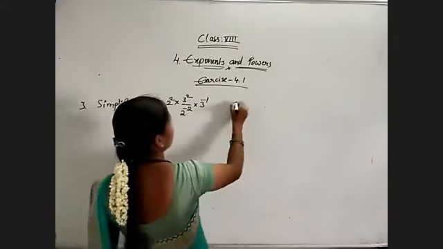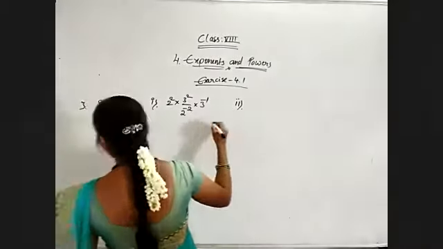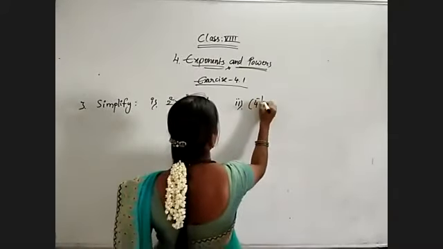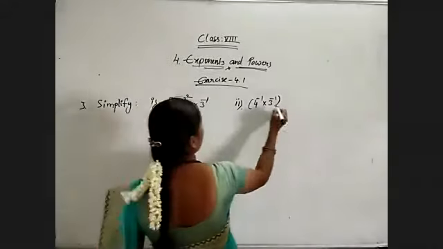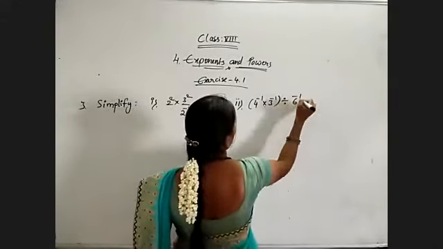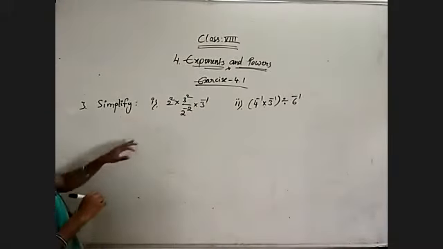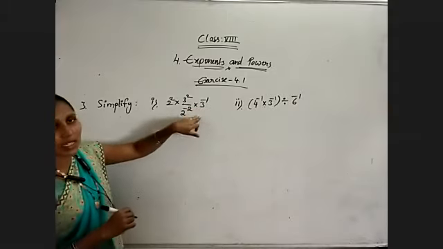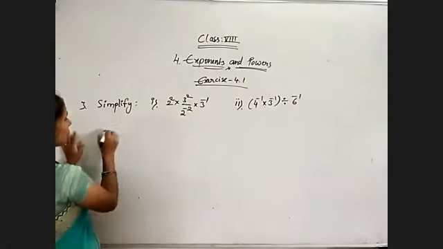And secondly: 4 power minus 1 into 3 power minus 1 divided by 6 to the power of minus 1. Just observe, in all these questions, negative exponents are given.